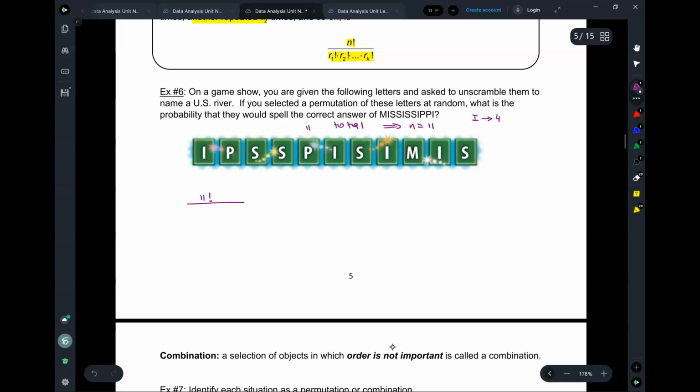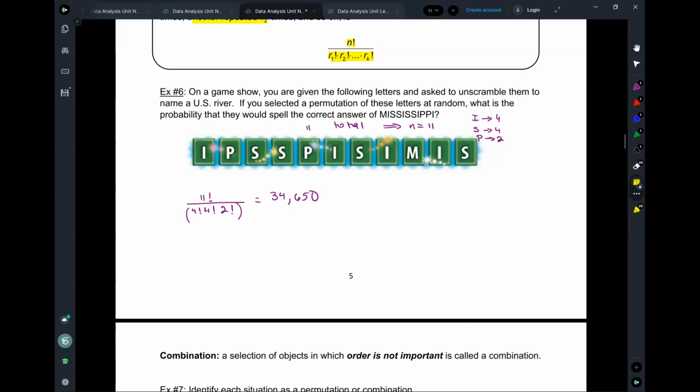How many S's? 4. And how many P's? 2. Okay? So here, you put the number of times each one repeats. So 4 factorial, 4 factorial, 2 factorial. Okay? That gives you 34,650.